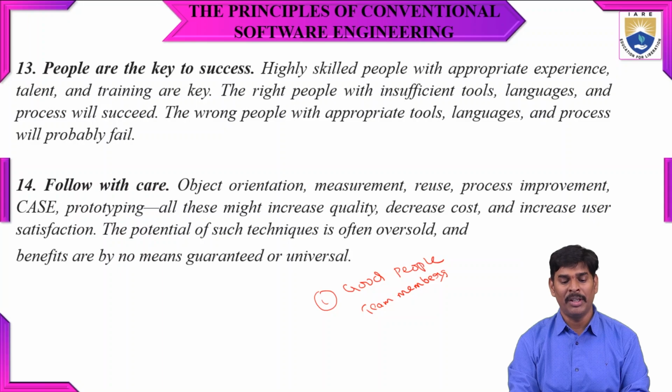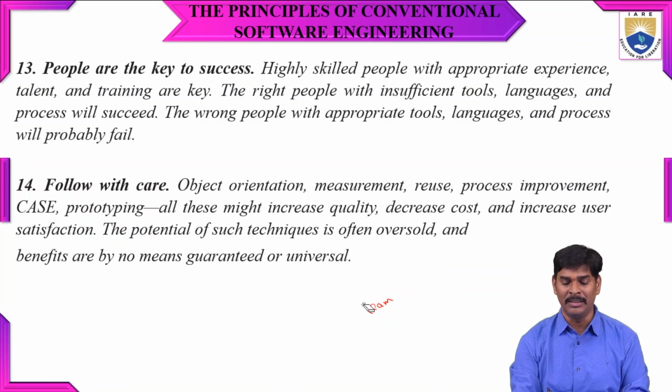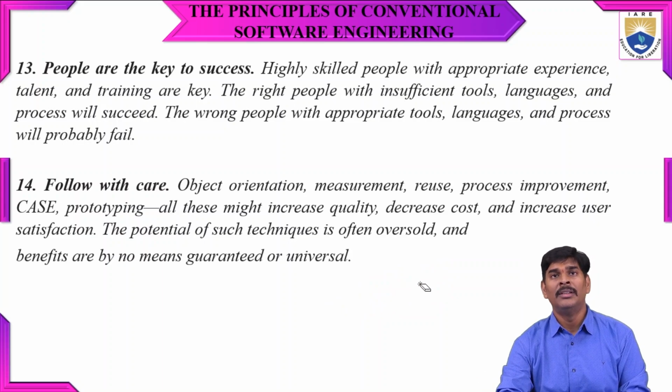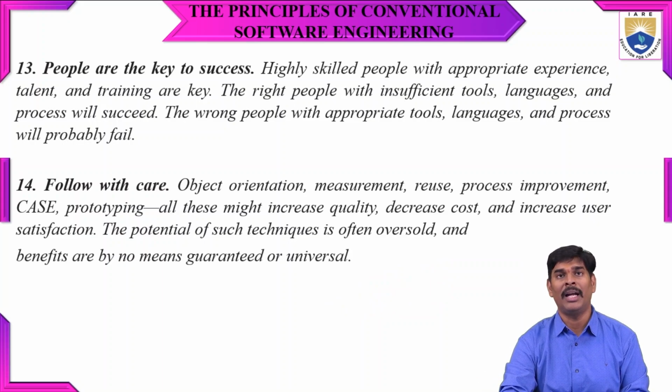Also, when you give the appropriate tools to the wrong people, these wrong people cannot utilize the tools and languages in a proper manner, so they fail. So the main summary here is that we need to hire good people and provide good resources and training so that they can achieve in the organization and gain more profits.